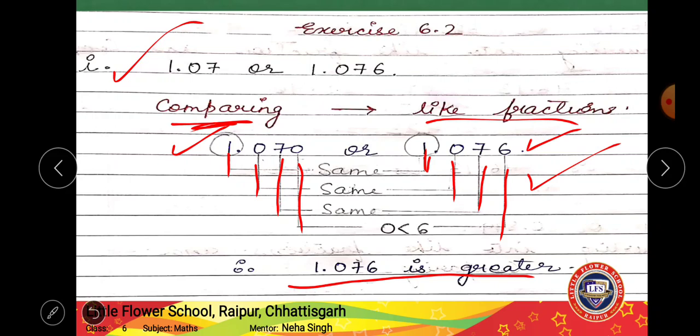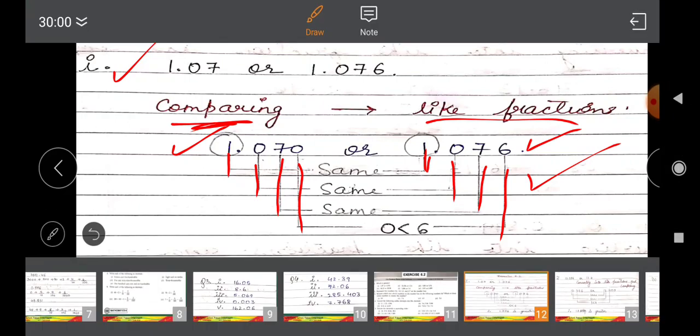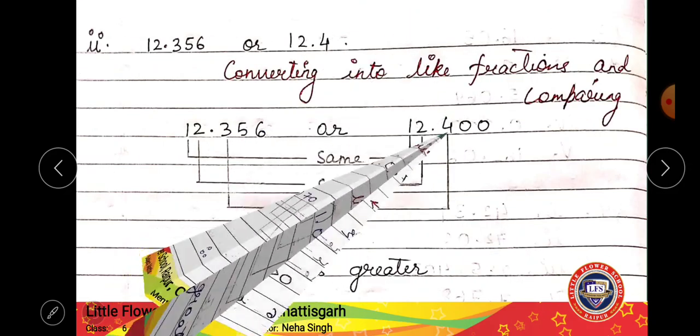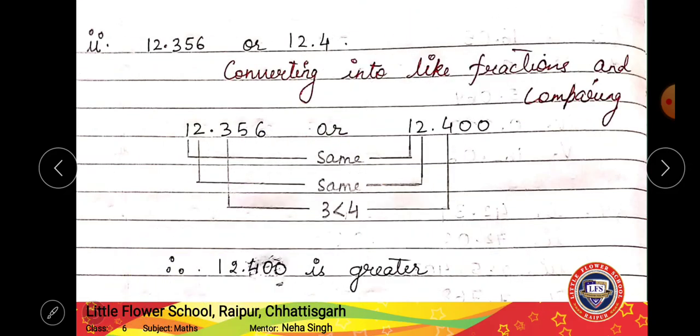Just the first step you need to remember is that without converting into like decimals, you cannot compare the numbers, right? Similarly, see, 12.356, here you will write decimals.